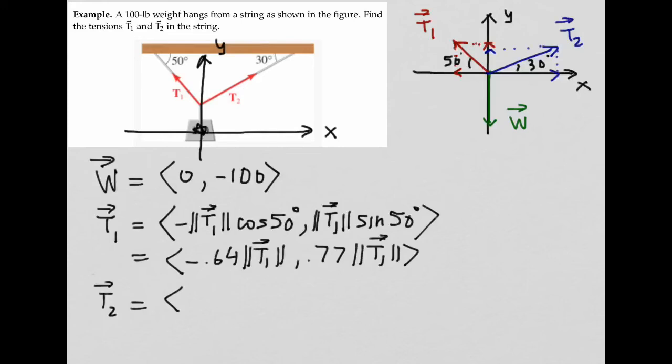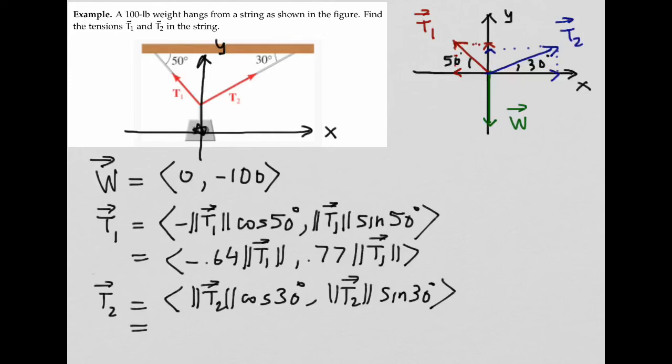So the first component of T2 is going to be magnitude of T2 times cosine of 30 degrees. And the second component is the magnitude of T2 times sine of 30 degrees. Cosine of 30 degrees is root 3 over 2, which is roughly 0.87.